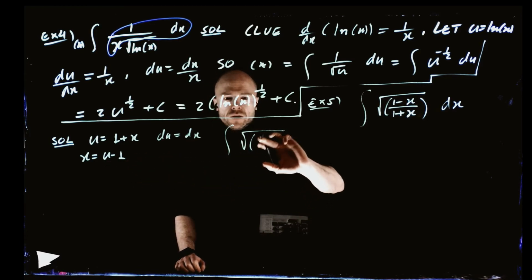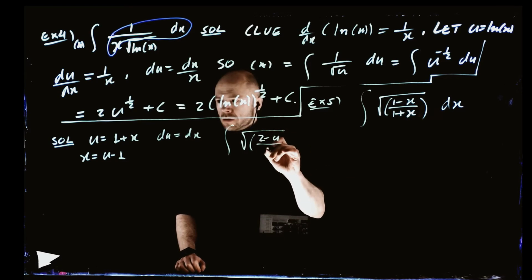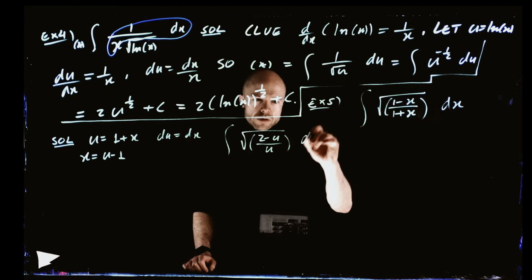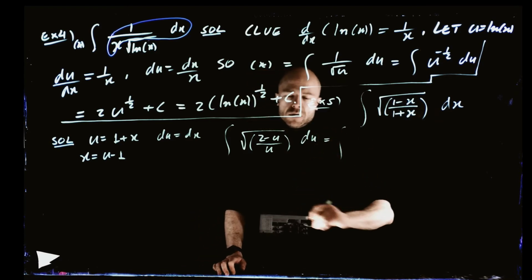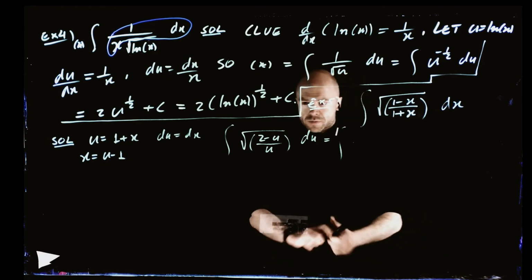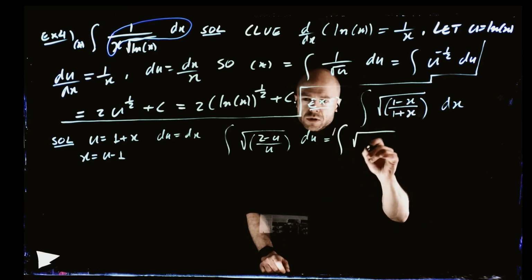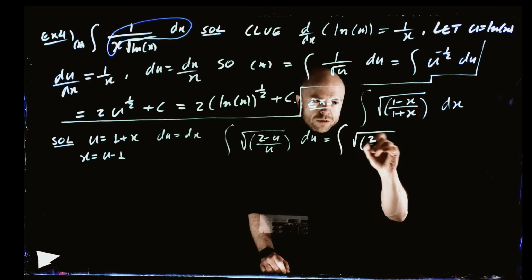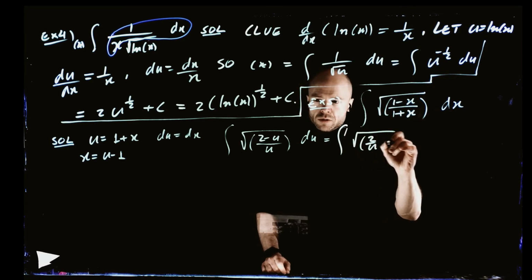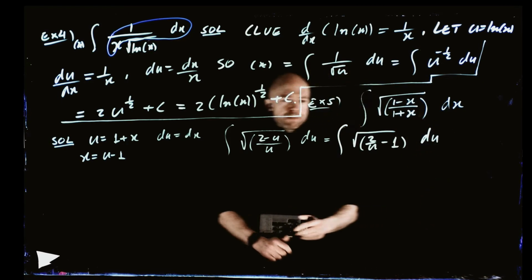So it's going to be 2 minus u over u du, which is this thing, times square root of 2 over u minus 1 du.